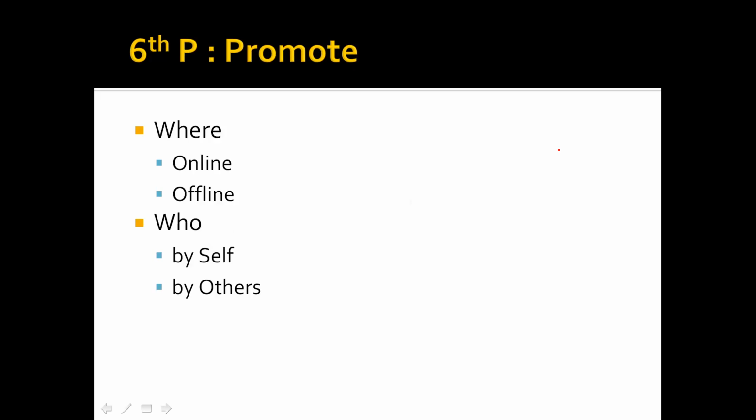So now coming to the next P, how to promote. The question is simple. Where you have to promote: you promote online, you promote offline. Who will promote? You yourself have to promote, and others will promote. We have to shamelessly sell our book because it is our intellectual property.